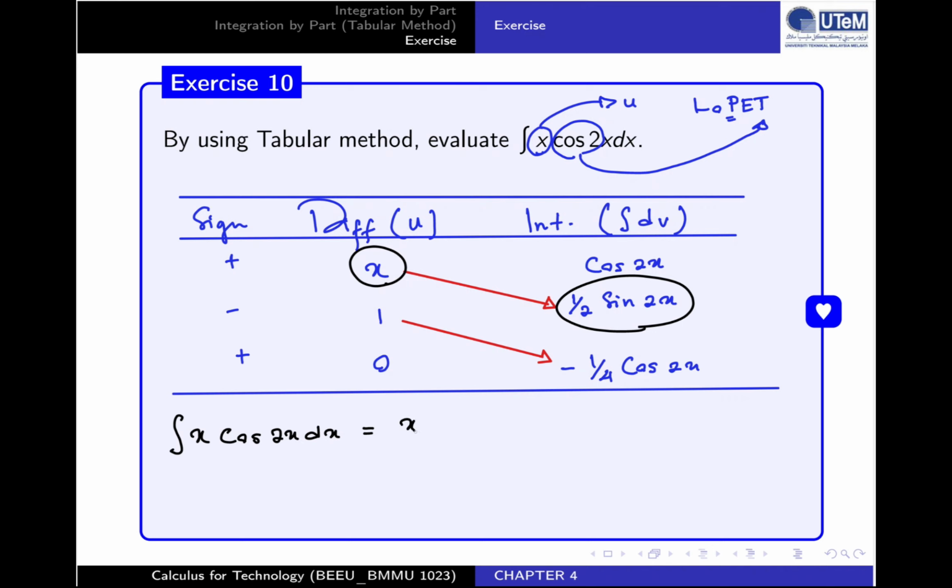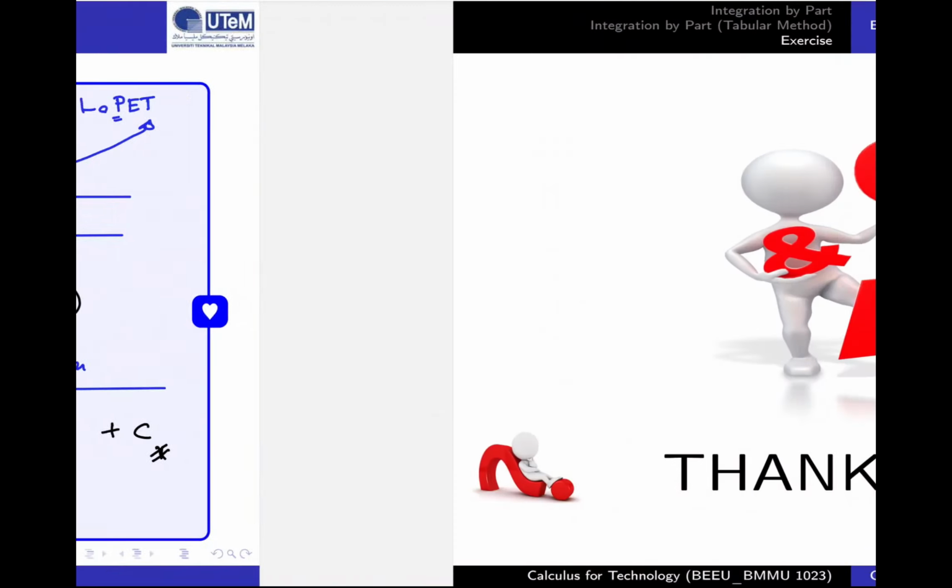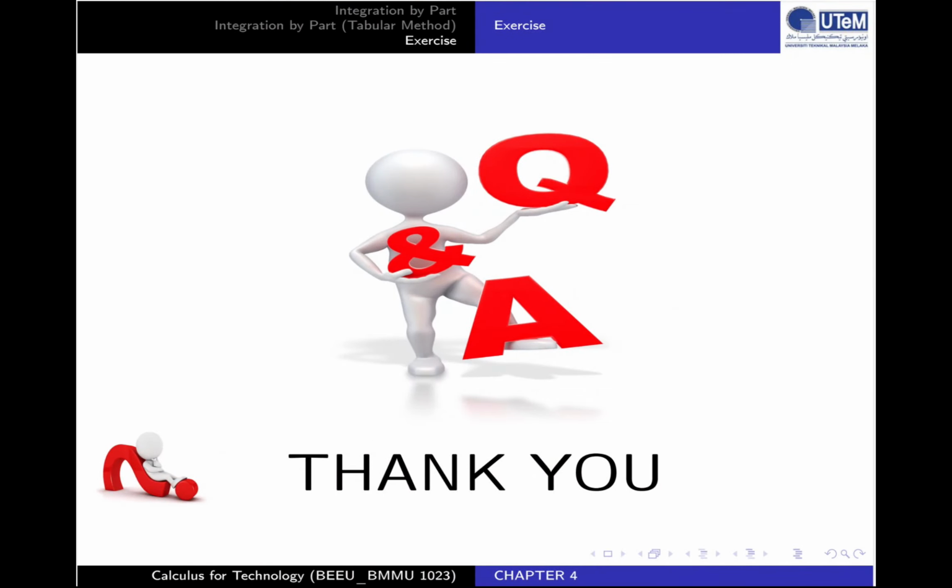So you get x over 2 sine 2x minus here, but here is also minus, so it becomes plus 1 over 4 cos 2x plus c. So that is the answer for exercise 10. Okay, thank you, that's all.